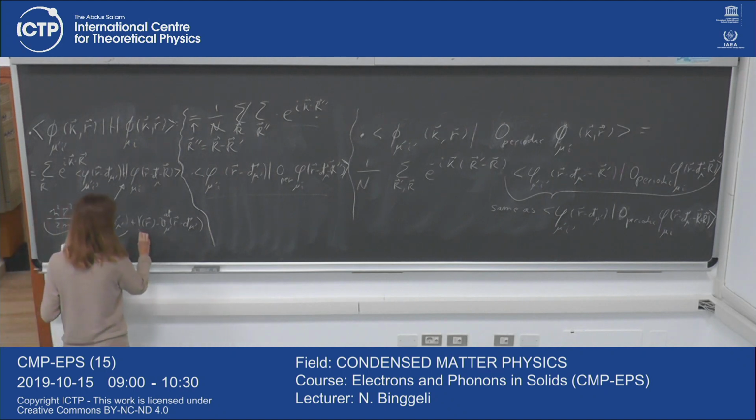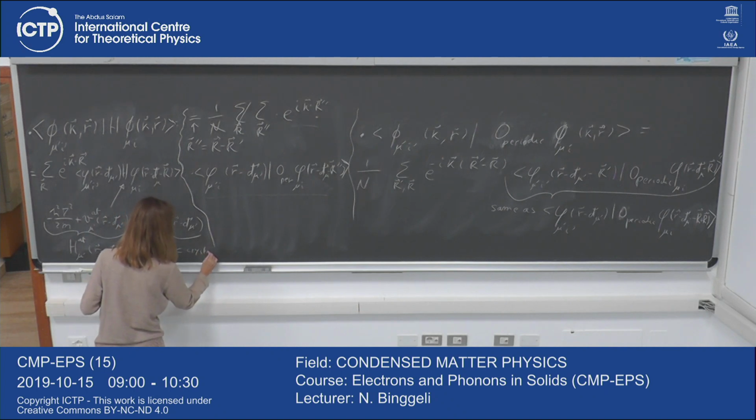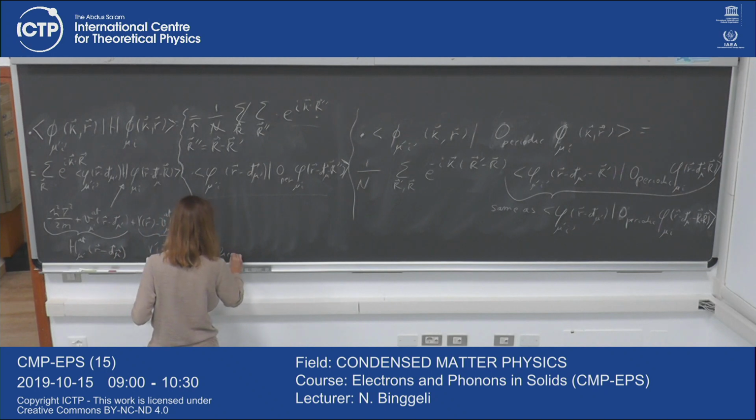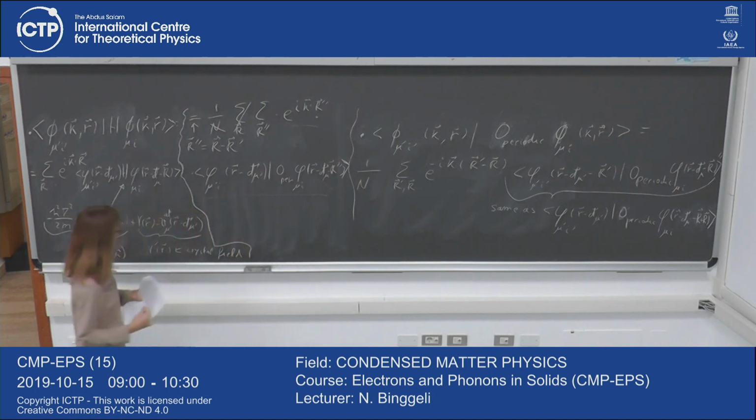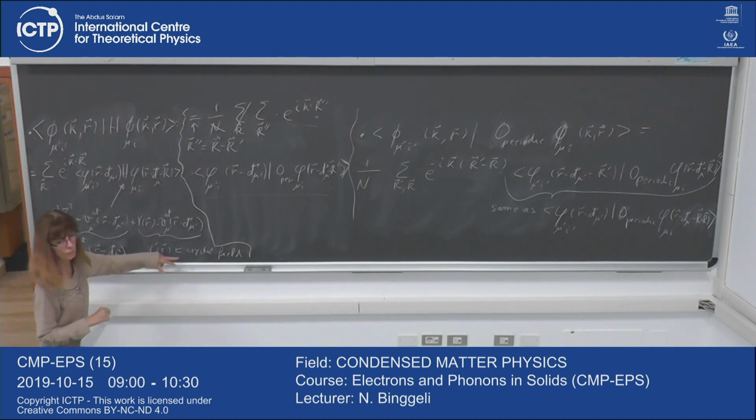So this is called the crystal field, V prime of R. And it is just, if you use as a reference this atom in the position d mu, it is just the potential created by all of the other atoms around this atom. So one removes the potential of the atom where this wave function sits, and one looks at the potential created by all of the other atoms. And this is called the crystal field. Okay, it's the field created by all the neighboring atoms.